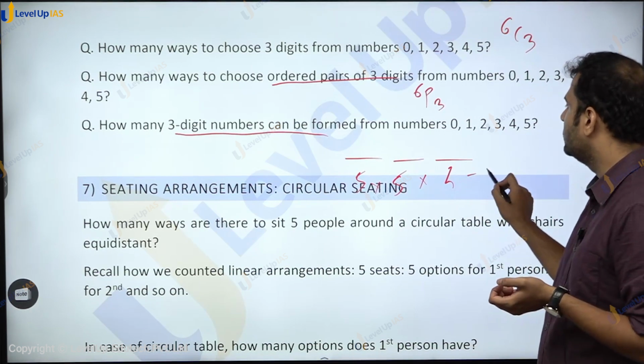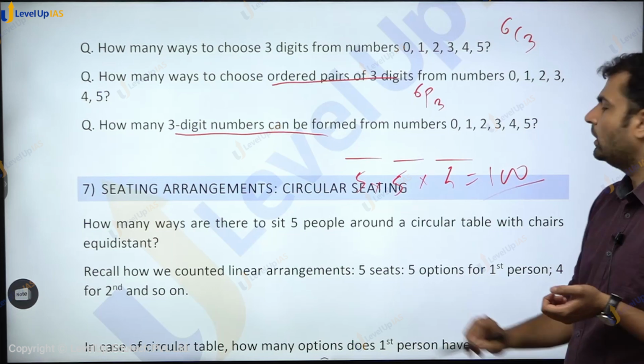So it is 20 into 4, 25 into 4, 100. 100 will be the answer.